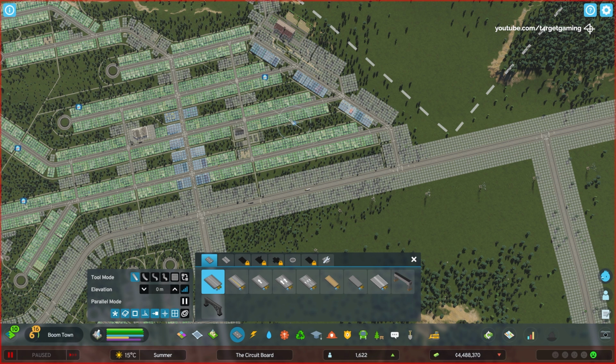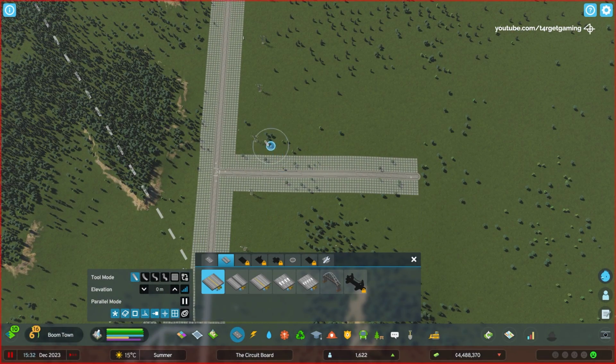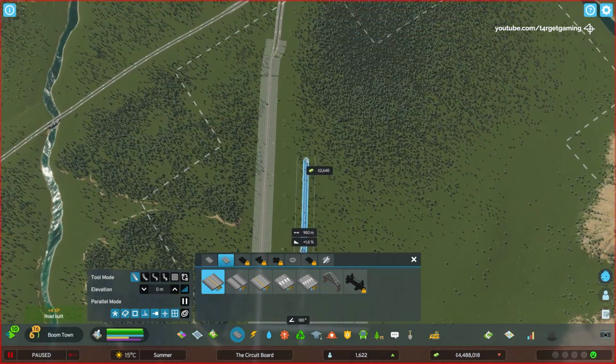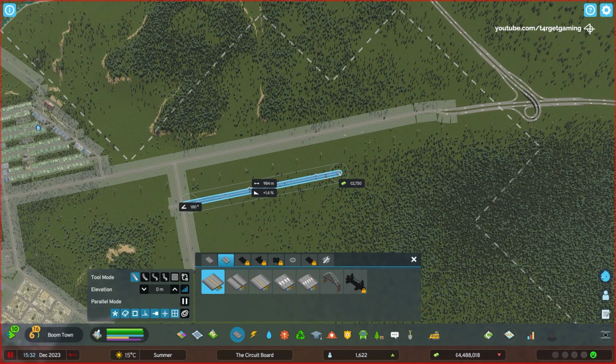So from this second road over here to the first one, that's about 264 meters. So I think we can go at around the same distance. So 264, that will be over here. Okay, and this is going to be our deviation for the highway.